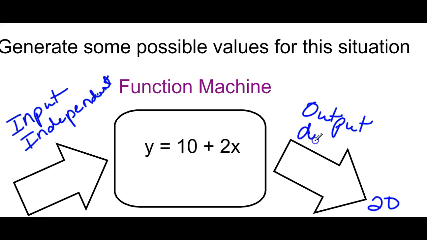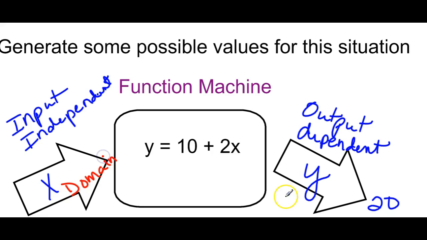This is our dependent variable. In math, we said this was x, this was y. And just to throw you a loop, I'm going to give you another word. We call this our domain, and we call this our range. That's a lot of good stuff there.